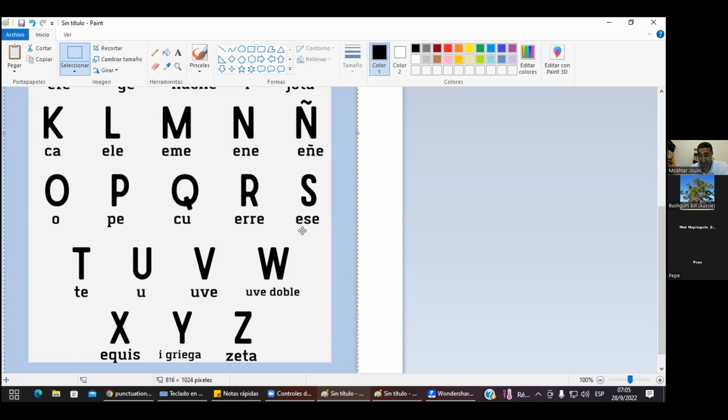Now, let's go with the S. It's always the same sound. There is no difference, unlike with the C. For the S, you retract your tongue, open your mouth wide, and close your teeth.